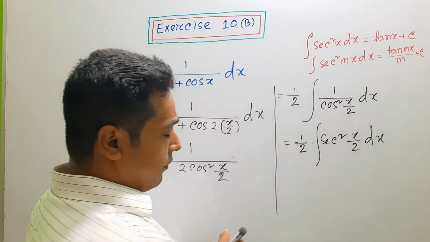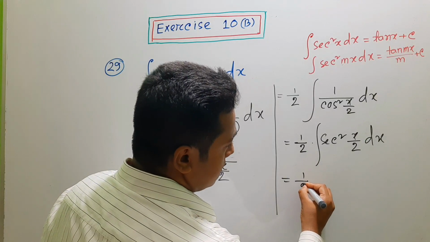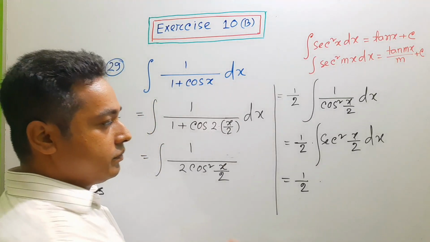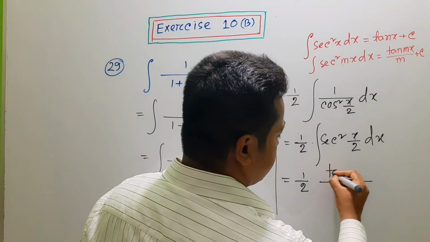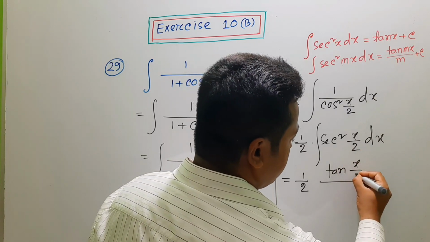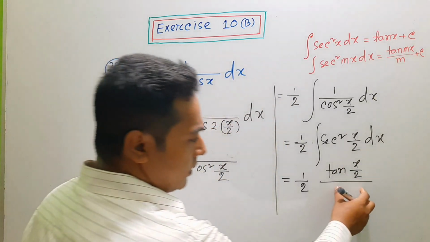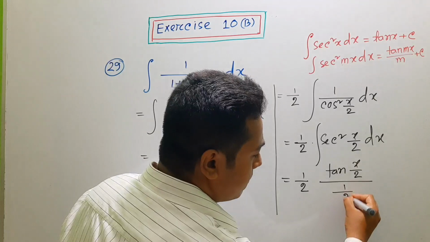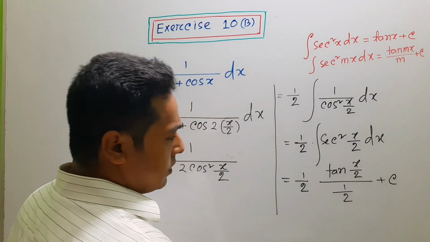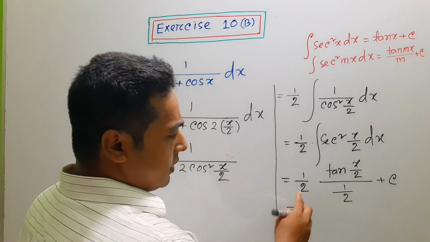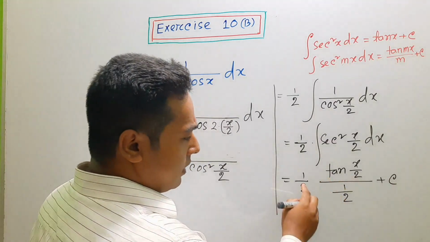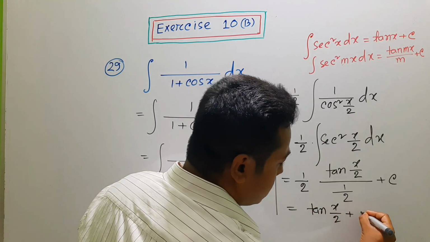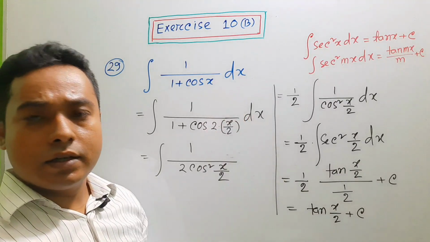So by this formula we can write it is equal to tan mx, here m is equal to 1 by 2, so tan x divided by 2, divided by m, here m is equal to 1 by 2, plus c. Here c is an integral constant. Then after simplification we can write tan x by 2 plus c. Okay, this is the answer of this integration.